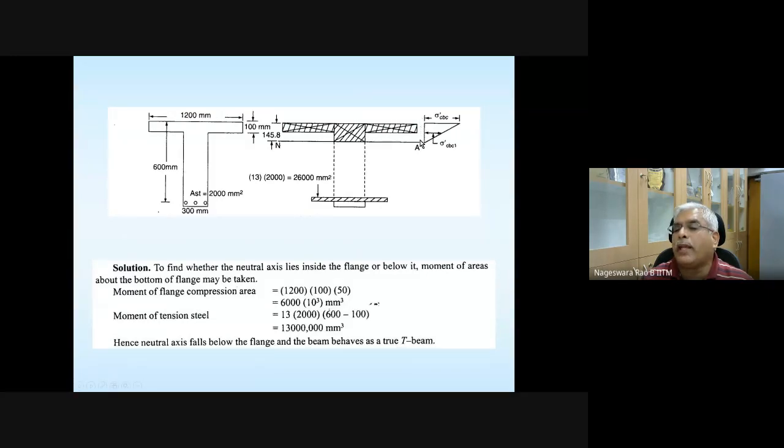What is the distance of this junction from the neutral axis? You can easily find that. If the neutral axis depth is n, that junction is going to be at a distance n minus 100.